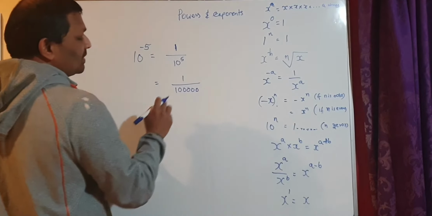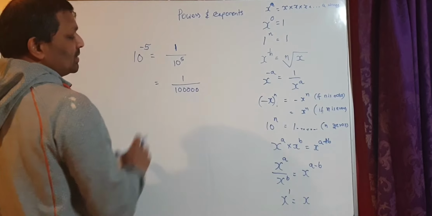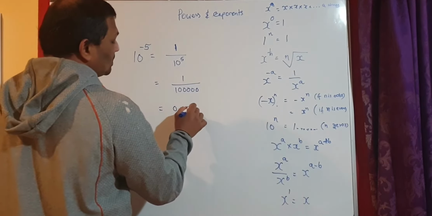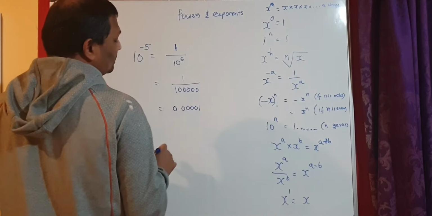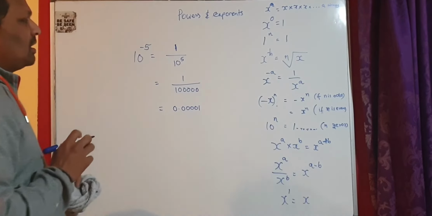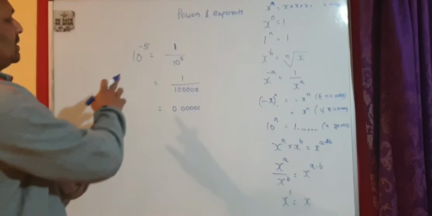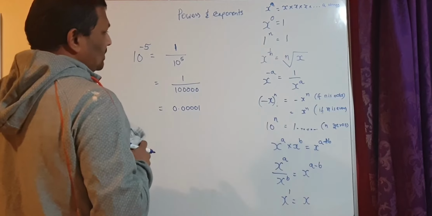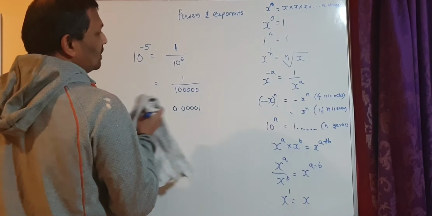It's not a 10 after, it's a 1, and then you put 5 zeros. So when you put it in decimal, it's going to be 0.00001. Yeah, the value of this one is going to be this. This is one example.